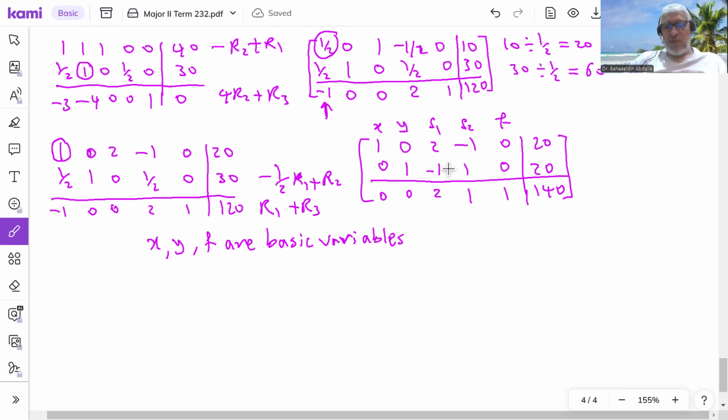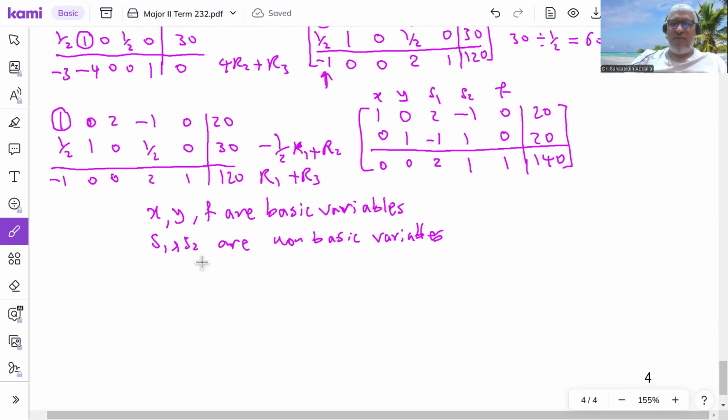While S1 and S2, they don't have this 1, 0, 0. So S1 and S2 are non-basic variables. So to find the values of the basic variables, we put the non-basic variables zeros.